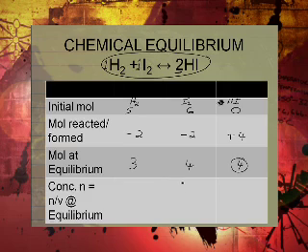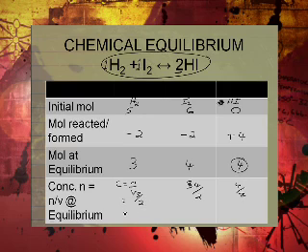That has remained unreacted. Now concentrations at equilibrium: concentration is number of moles over volume. So this should be equal to 3 moles over 2, and 4 moles over 2 for the other one.